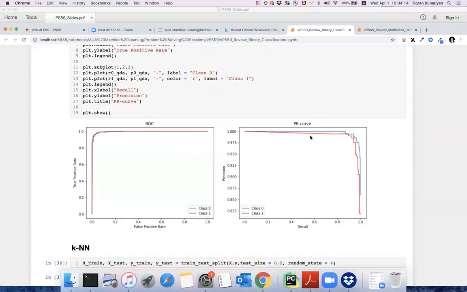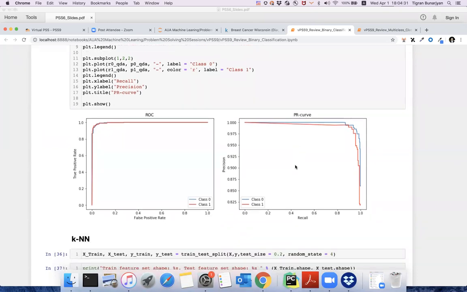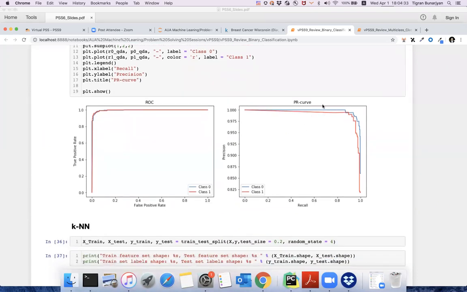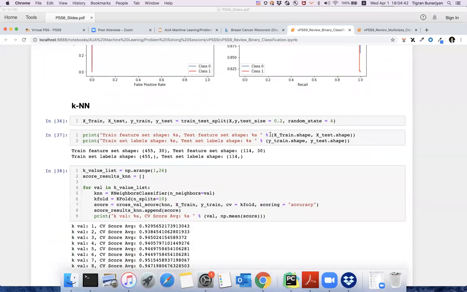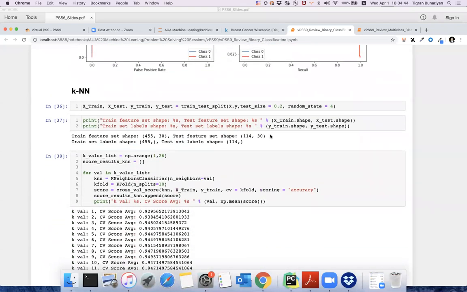We just look at the ROC and PR curves and make some comments, and I guess you would be asked to comment on the comparison of the ROC and PR curves, and you just have to look at the values and the curvatures of those two curves and make some statements about that. And finally, we have KNN as our fourth classification algorithm in here.